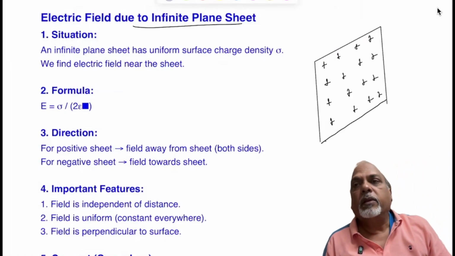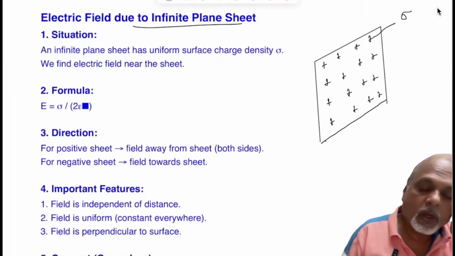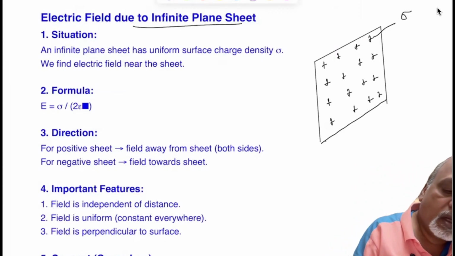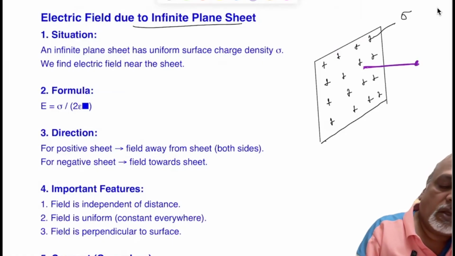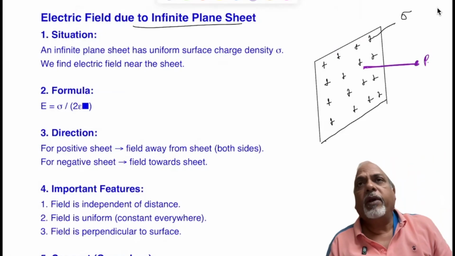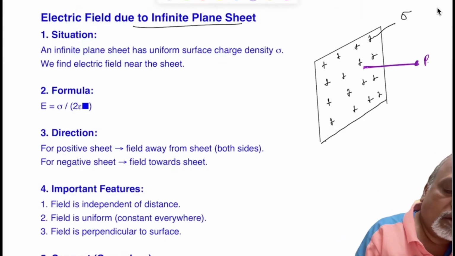Suppose this charge density is sigma. Now, our idea is to find out, at a perpendicular distance before this sheet, at this point P, the electric field due to this plane charge sheet. Correct?